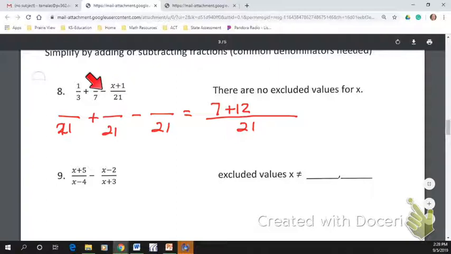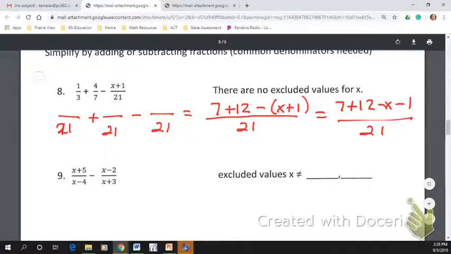But here's where you have to be super careful. This negative goes with both of these. So I'm going to write it like this to be thorough for your notes, parentheses x plus 1. Which means 7 plus 12 minus x minus 1 over 21.